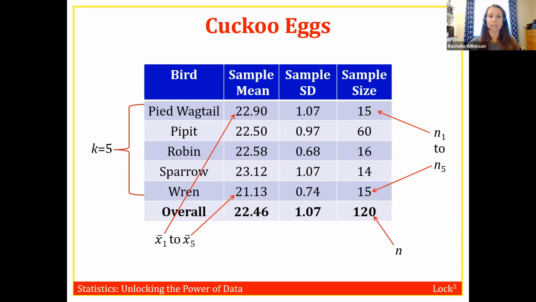For sample means, same thing. We're going to have X bar 1 through X bar 5. If I take all the observations and find the mean of all the observations together, that's where this overall X bar comes from. And then same idea with our standard deviations as well. So we have S1 through S5, and then if we look at the standard deviation of all 120 observations, that's where the S with no subscript comes in.